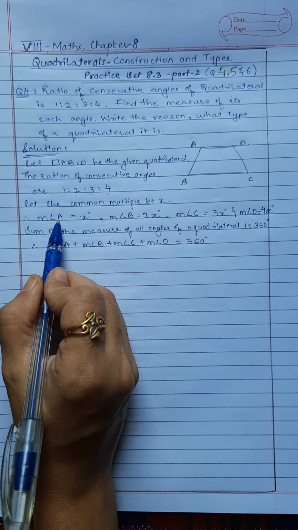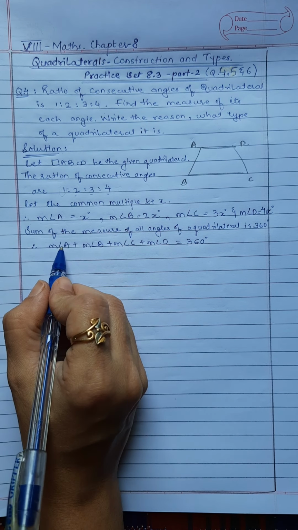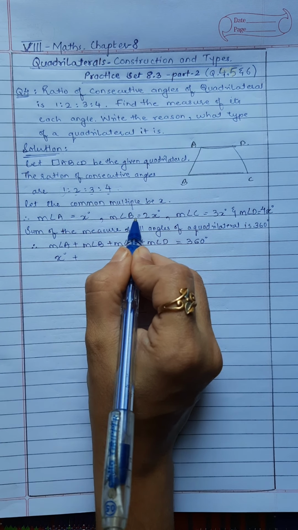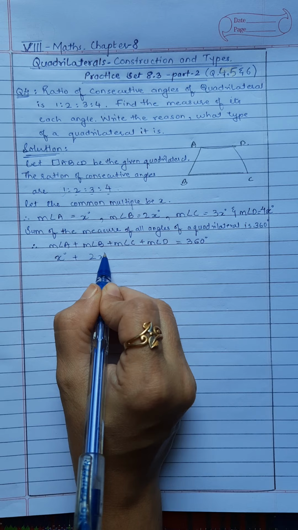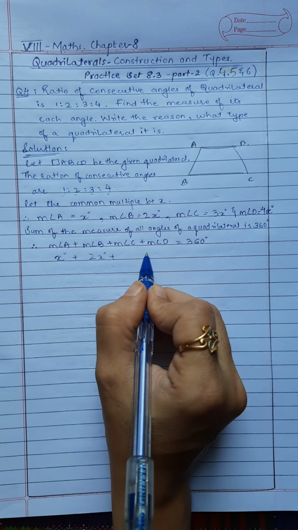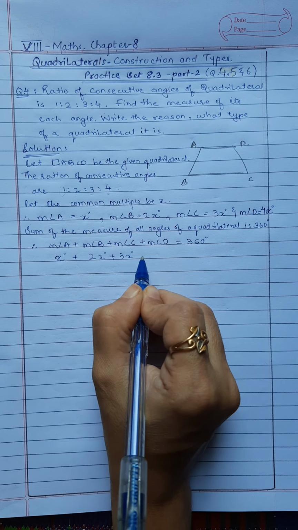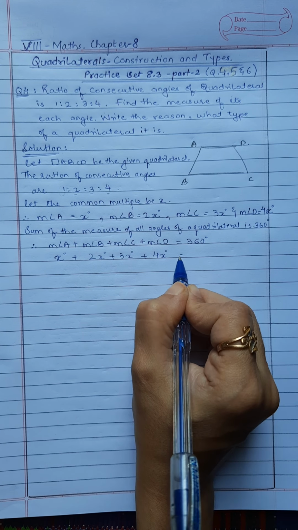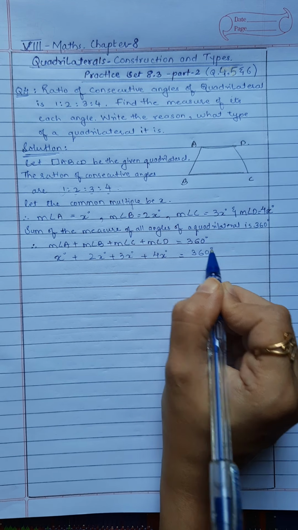Now we have considered measure of angle A as x degree. So write x degree plus 2x degree plus 3x degree plus 4x degree equals 360 degree.